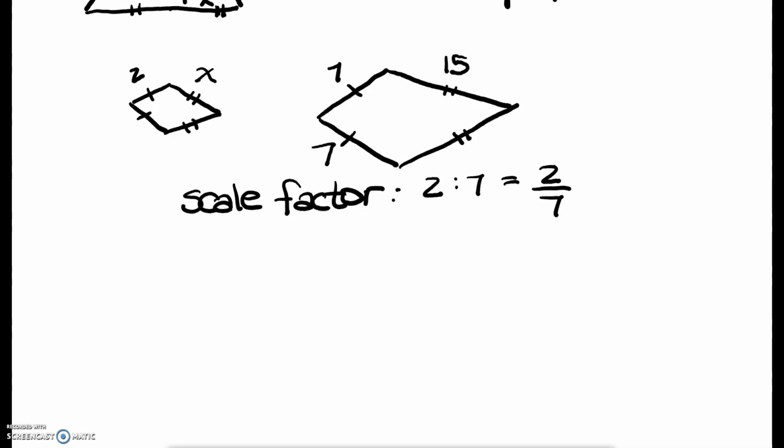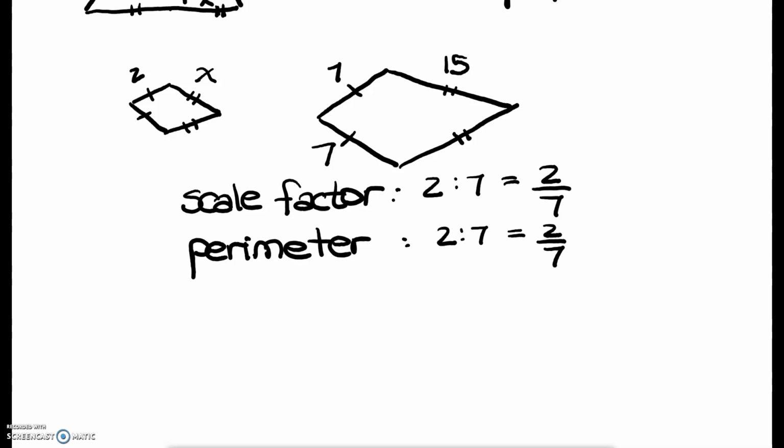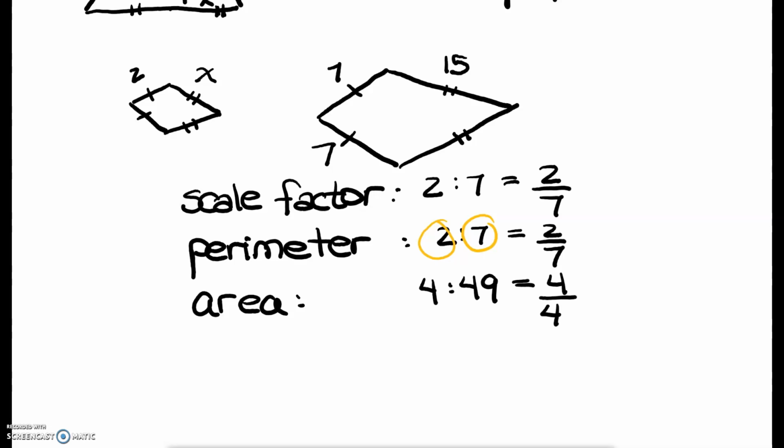The scale factor is 2 to 7 or 2 over 7. The perimeter ratio is the same as your scale factor, 2 to 7 or 2 over 7. And then the area ratio is just these numbers squared. We're going to square this and this, they are our A and B. So it would be 4 to 49, and if I wanted to set it up as a fraction, I could, 4 over 49.